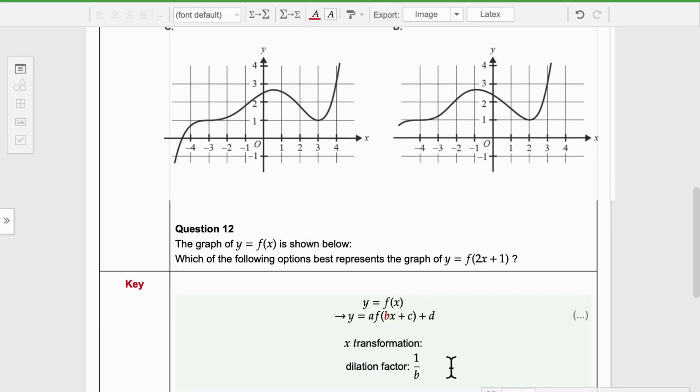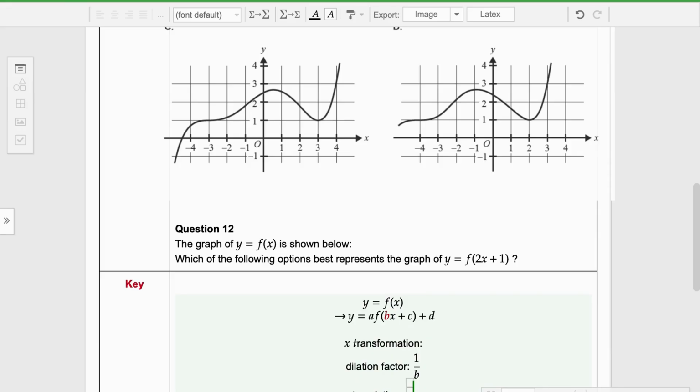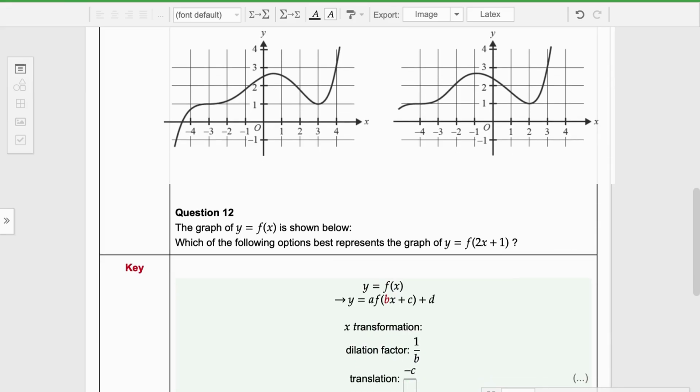Now, what is trickier is actually the translation. The common mistake is people say that it's just c or negative c. However, it is not that. The correct one is actually negative c divided by b.